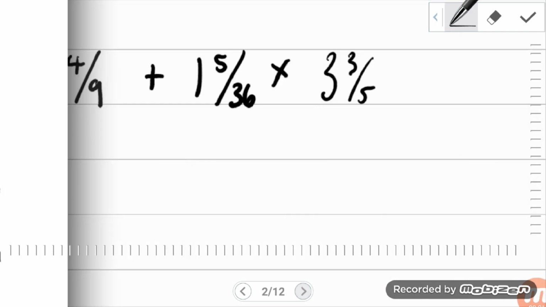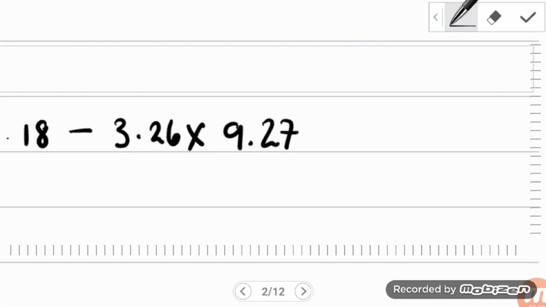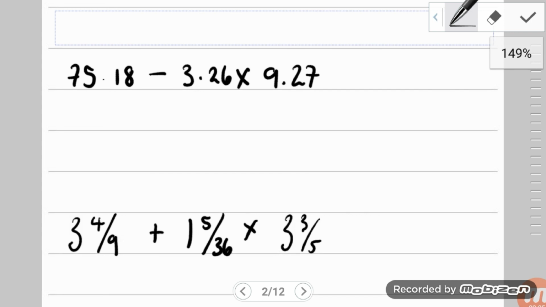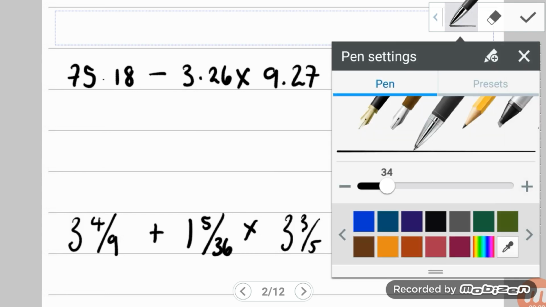All right, so here we have it over here. That is 75.18, take away 3.26 multiplied by 9.27. So never take these questions for granted. Very simple, but at the same time, I find that a lot of students, including my students, tend to always evaluate whatever they see appears first. And in this case here, we are required to actually multiply first.